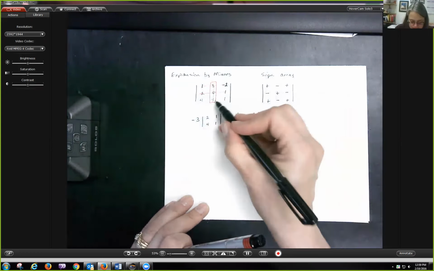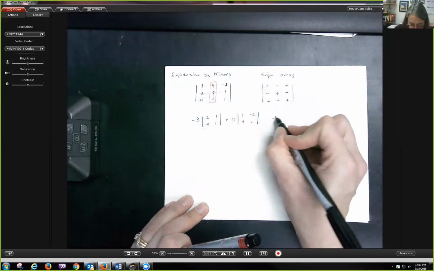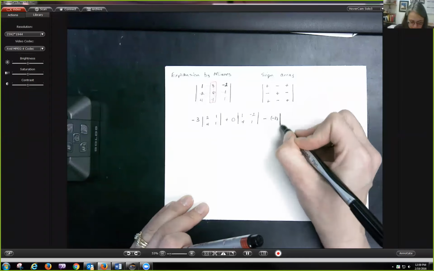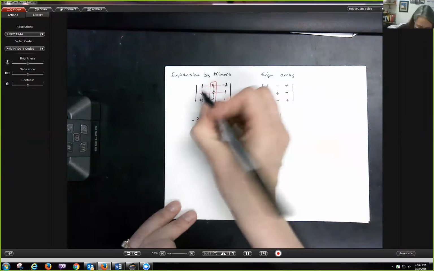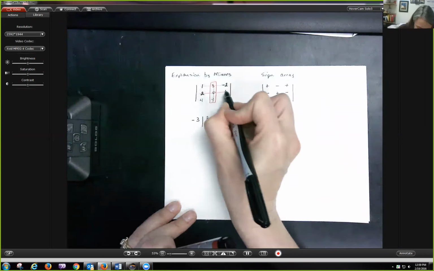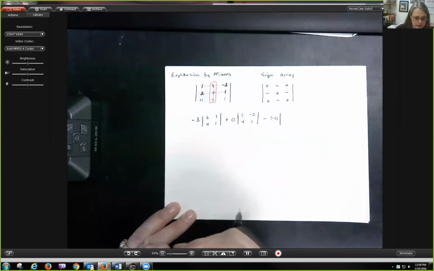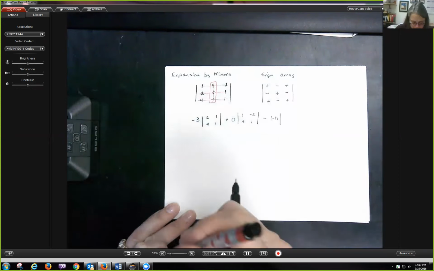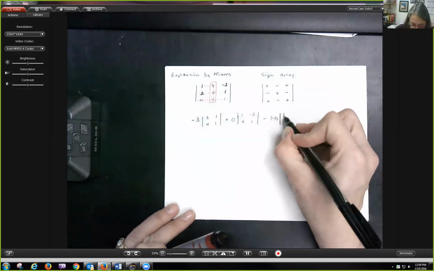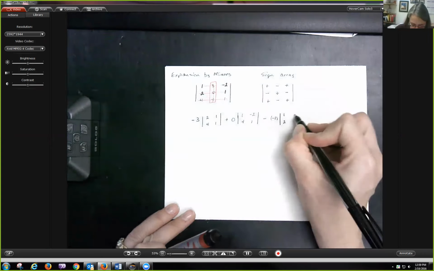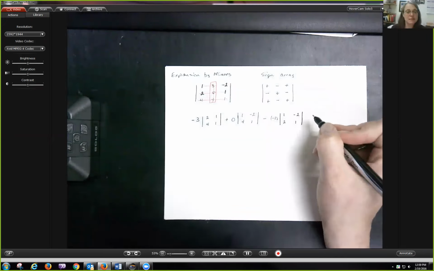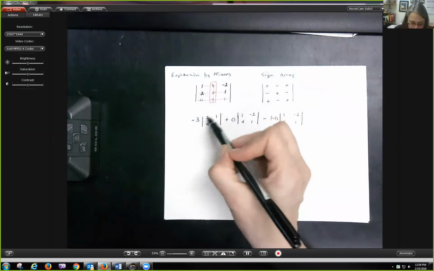And then I've got a -1, but it's going to be subtracted. And if I put back what I had crossed out a minute ago, but now cross out the column that contains the element I'm working with, I've got 1, 2, -2, 1. Okay, now here's what I'm going to do. I'm going to find these determinants.